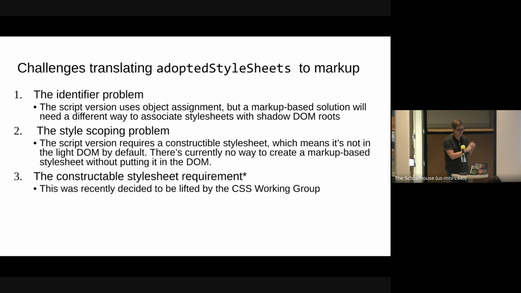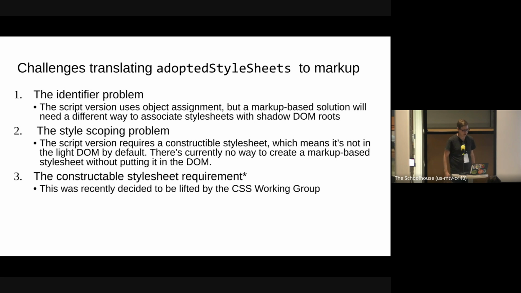So why is it difficult to translate the existing API to markup? I have these three problems, which maybe challenge is the right word here. In the script version, you're just using object assignments. For markup, typically we'd use something like ID refs, but since Shadow DOM scopes those ID refs, there was a lot of demand to have some kind of global registry.